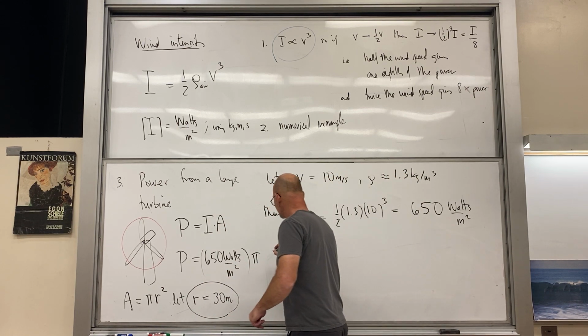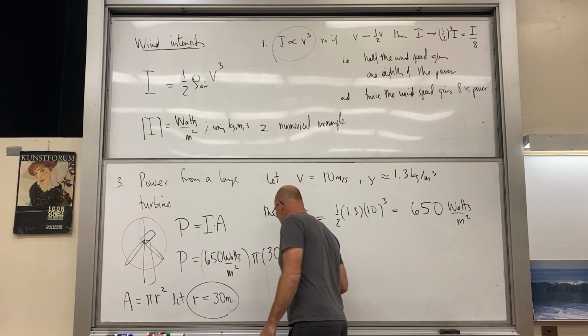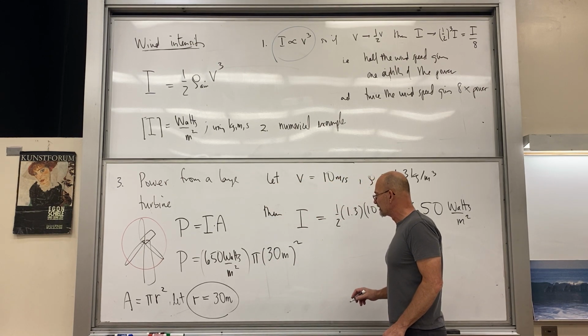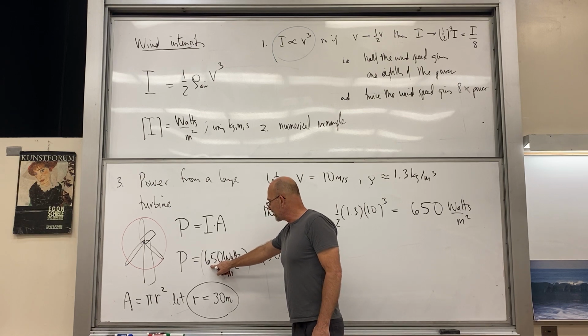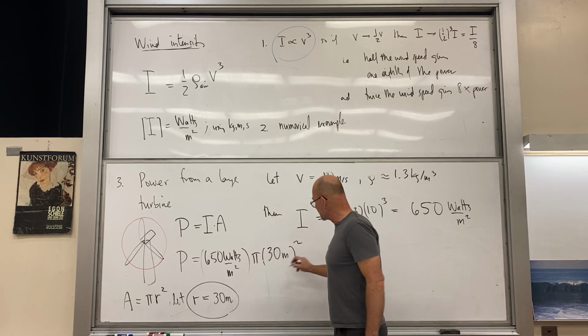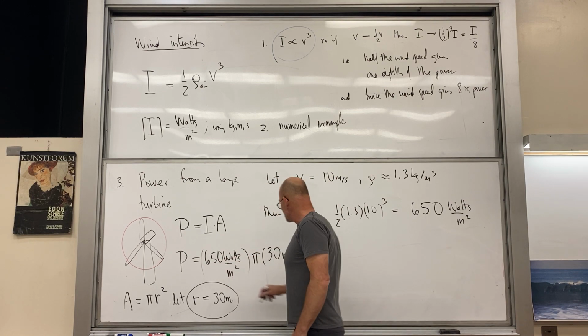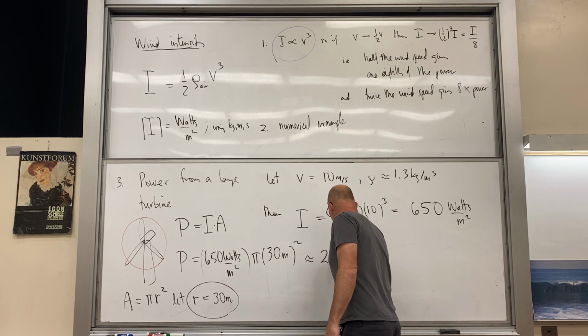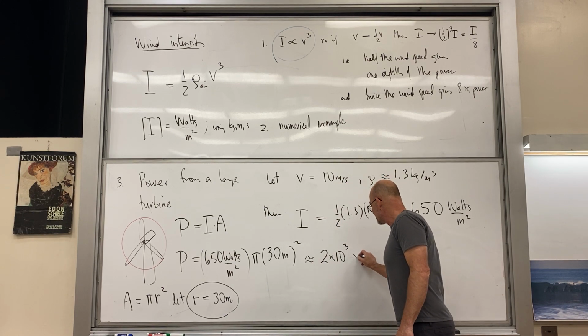Pi, so now 30 meters squared. Let's just see what kind of a number we get here. Okay. 3 times 650 is about 2,000, right? Pi is about 3, we're doing an approximation here. So 3 times 650 is about 2,000, so we're going to have 2 times 10 to the third times 3 squared.